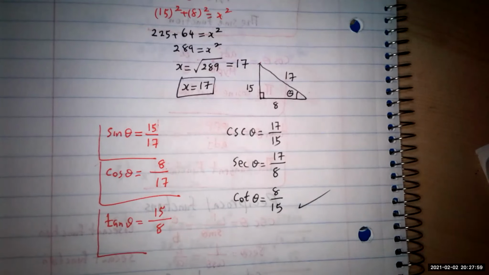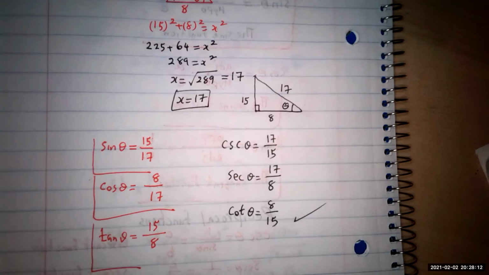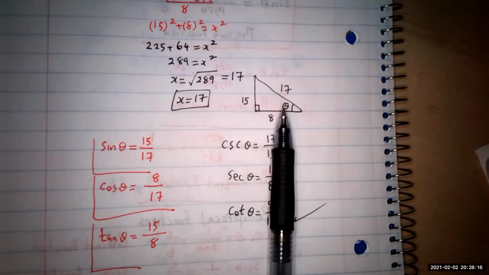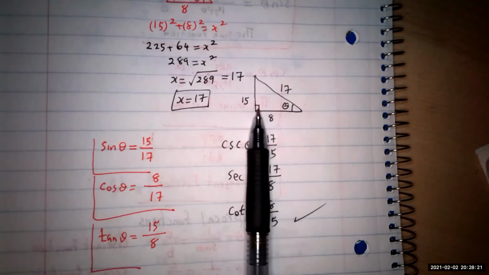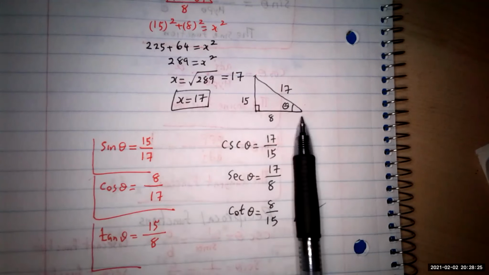Okay, any question? So it can easily be found to get these numbers. You have to have everything available on the triangle, and then you start moving. The sine of theta, 15 over 17, opposite over hypotenuse.